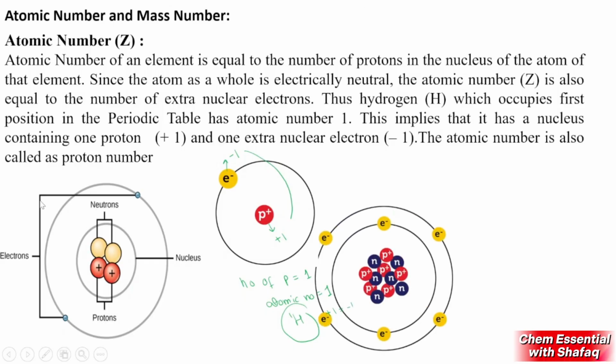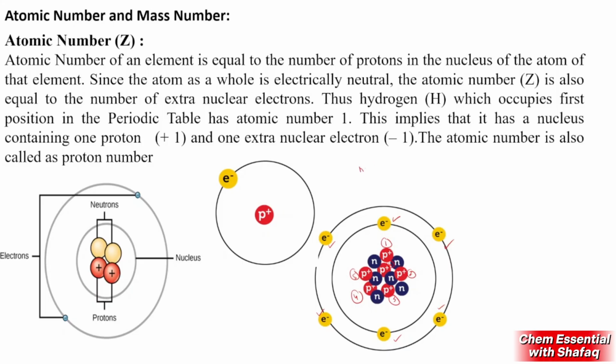Here you can see another example. We count the number of protons first: 1, 2, 3, 4, 5, and 6. There are 6 protons, and when we look at the electrons, 1, 2, 3, 4, 5, 6.